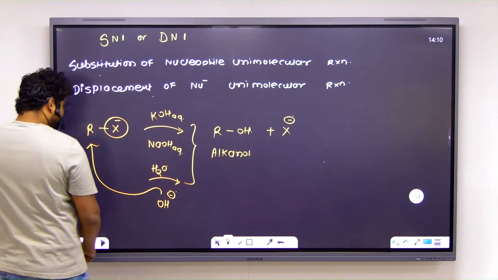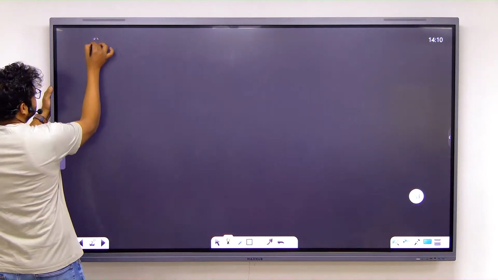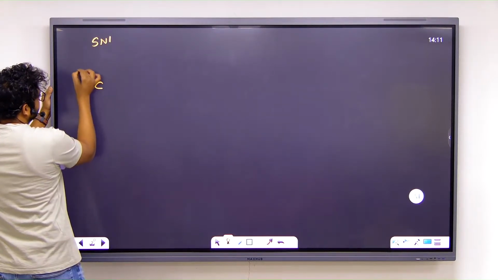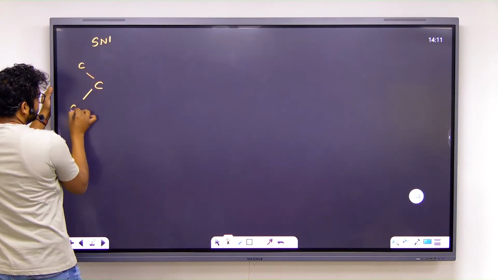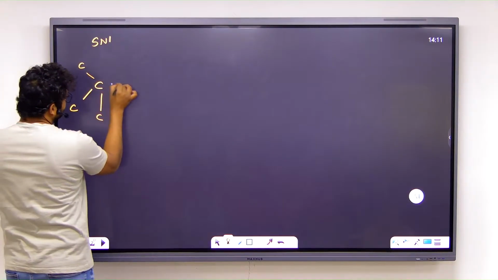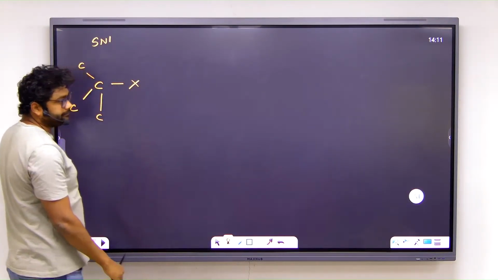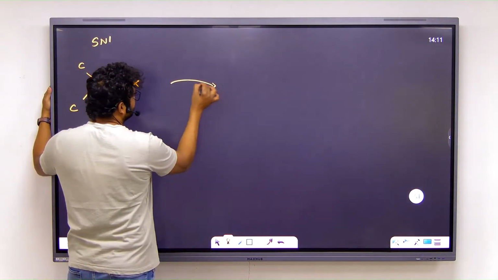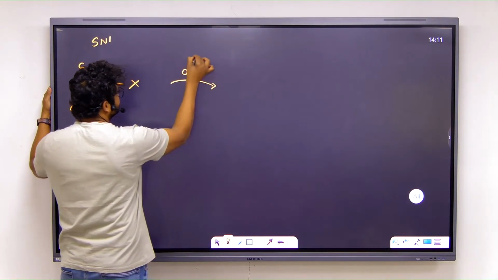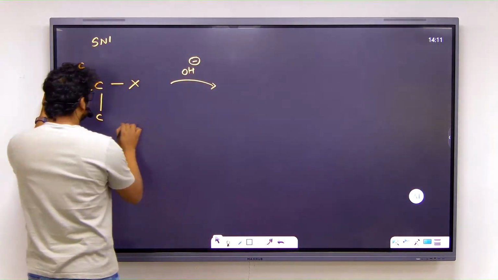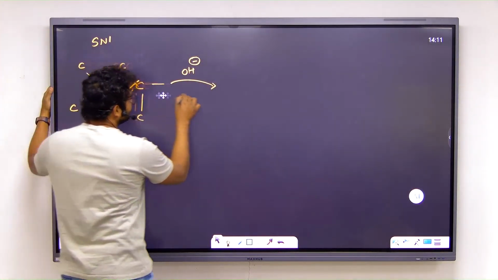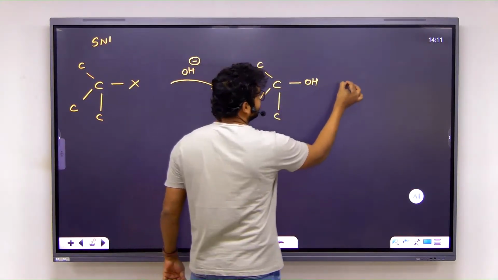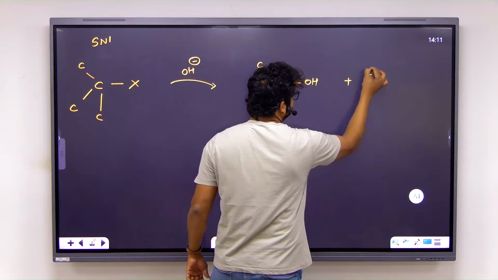Now basically when you deal with the SN1 reaction, the carbon atom with the three groups 1, 2 and 3 with an X, when it reacts with any OH minus, it usually forms this group called alcohol, and here is a formation of X minus.